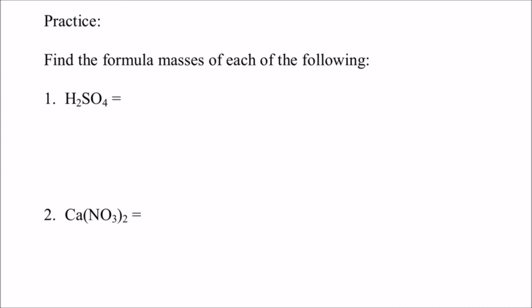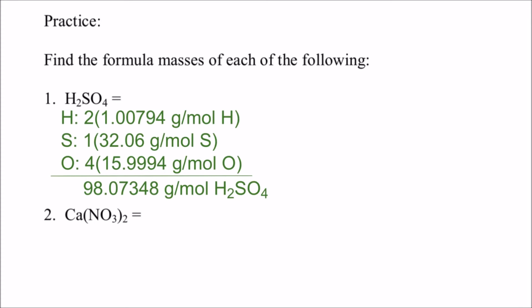Let's find the formula mass for this molecule right here, and just as an added bonus, see if you can name that. Okay, so here we've broken it down. We have hydrogen, sulfur, and oxygen in this compound. We have 2 hydrogens, and each of them are 1.00794 grams per mole. We have 1 sulfur, which is 32.06 grams per mole.